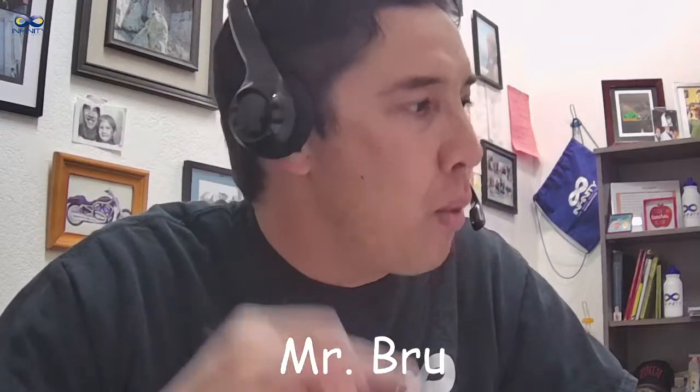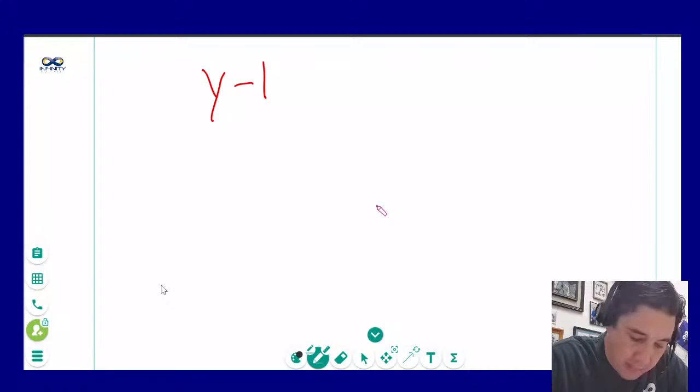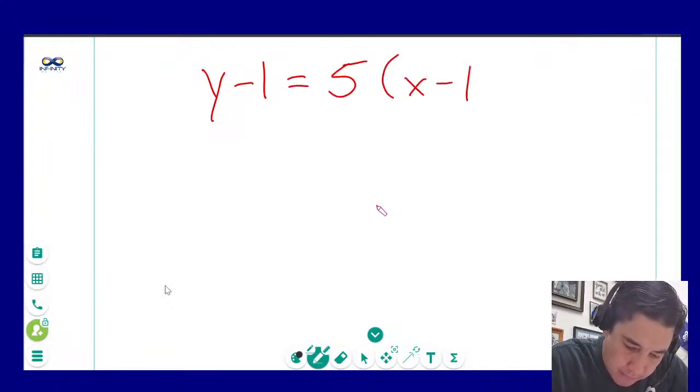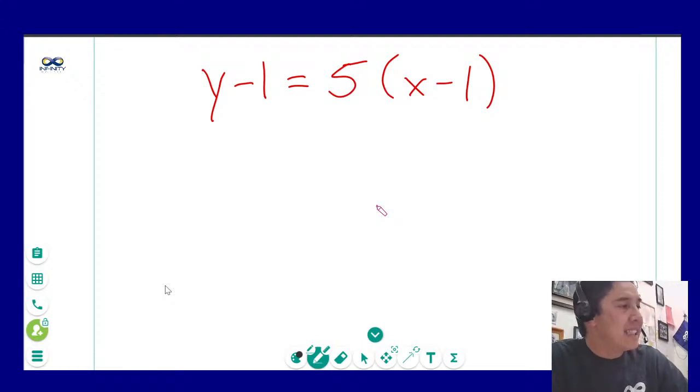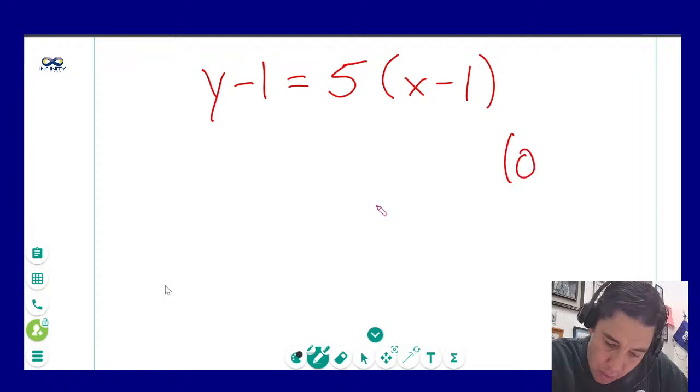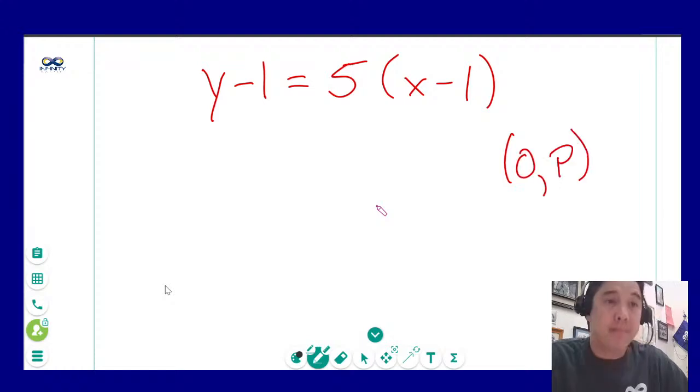The line with the equation y minus 1 is equal to 5x minus 1 contains the point (0, p). All right? And that's a very straightforward question.